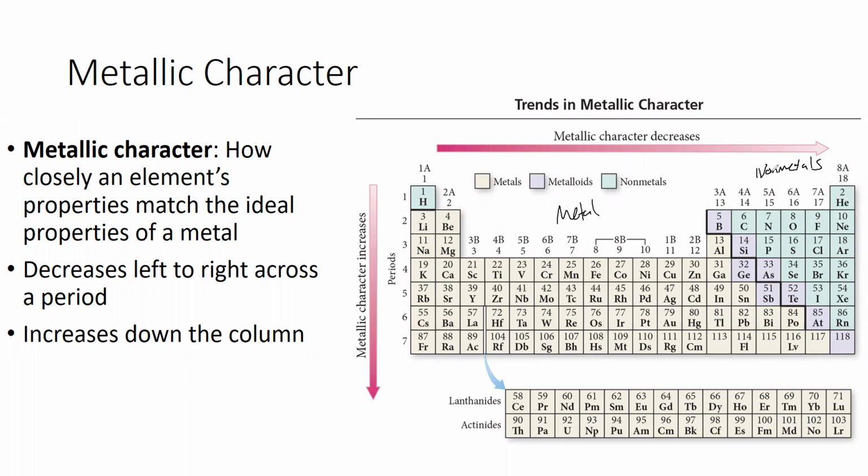So in general, as you go down the periodic table and to the left, you become more metallic. So francium is our most metallic atom. Helium is our least metallic atom. And hydrogen is a nonmetal as well. So even though it's right here, it behaves like a nonmetal. So just remember that trend. Bottom left, most metal. Top right, least metal.